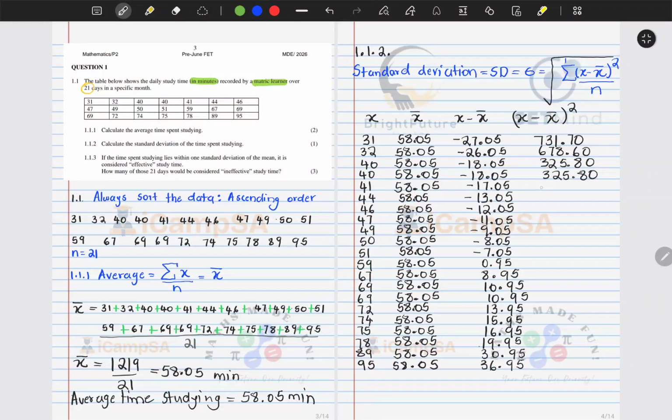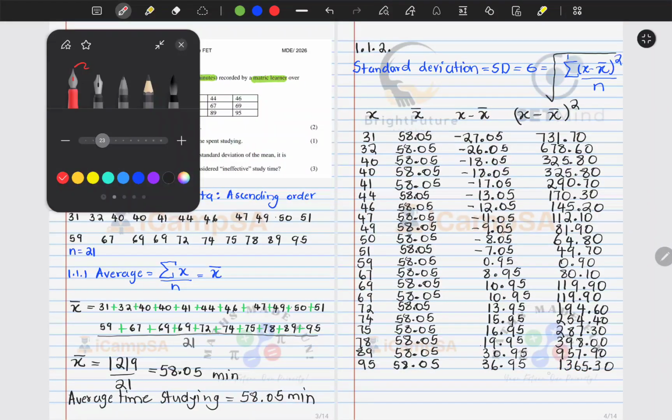You square that, you end up getting 290.70, okay? Then off to the next one, 13.05. You square that, you end up getting 170.30. Next one, 12.05. You square that, you end up getting 145.20. So I'm going to do the same procedure for the rest.